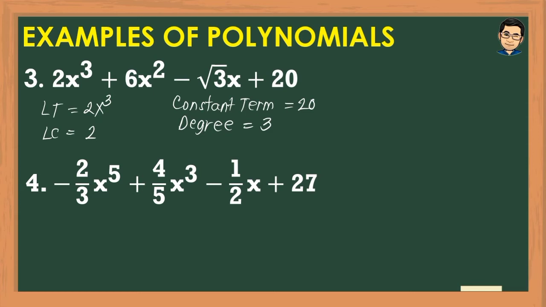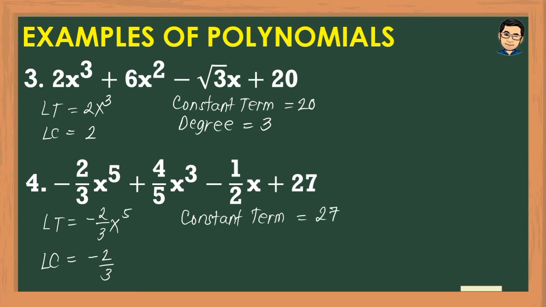The leading term of the given polynomial is negative 2/3 x to the 5th power, and the leading coefficient is negative 2/3. The constant term is written at the end of every polynomial expression, and that is 27. The degree is the highest degree among the terms, and that is 5.